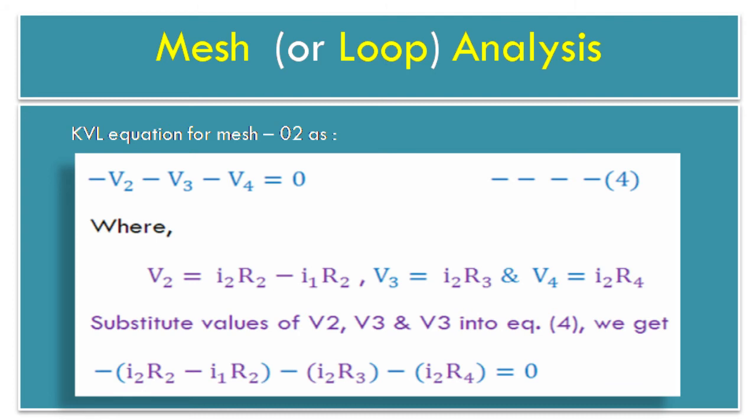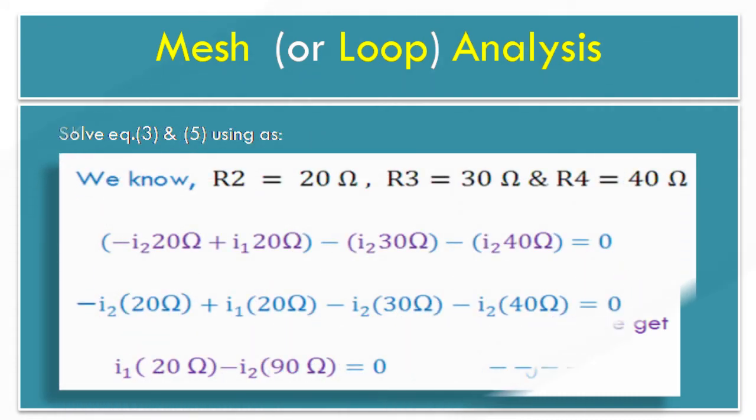Substitute values of V2, V3 and V4 into equation 4, we get the following equation: minus I2 into R2 plus I1 into R2 minus I2 into R3 minus I2 into R4 is equal to 0.